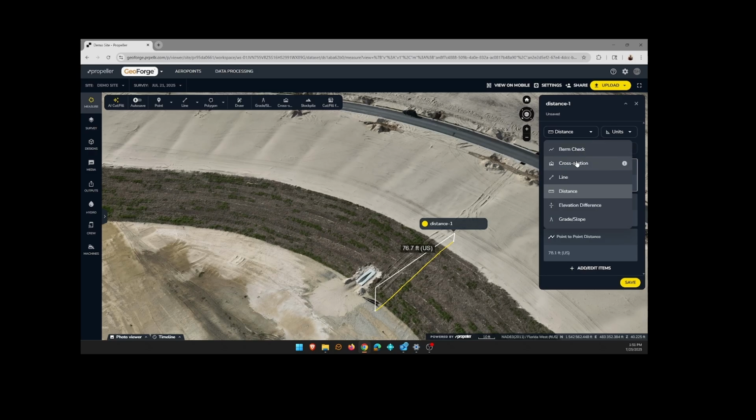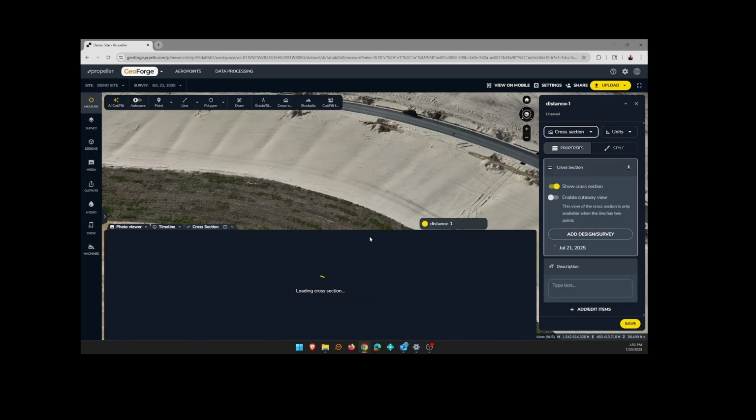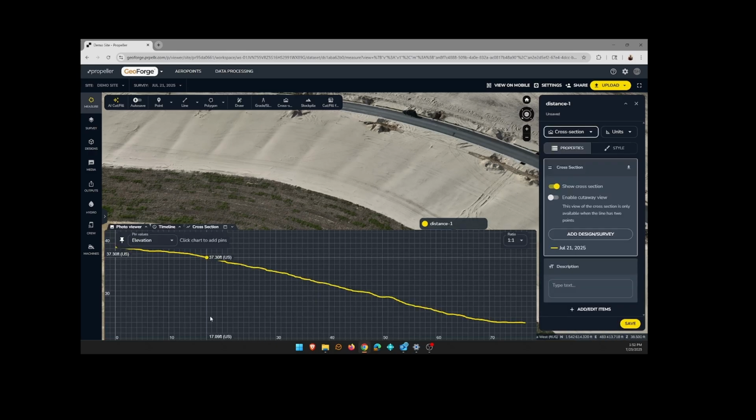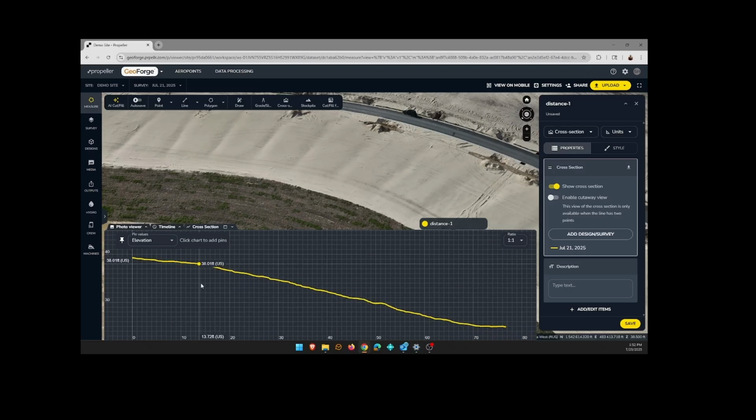Now, let's change that to a cross section. Now we're going to see the same distance, but instead we're going to see the cross section of that and what that slope would look like if we were to slice it right out of the earth. The cool thing about cross section is we can add other surveys.